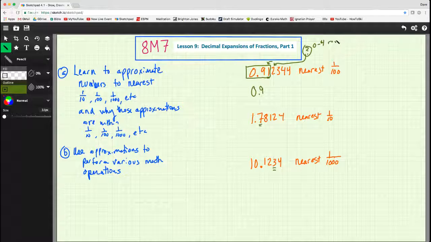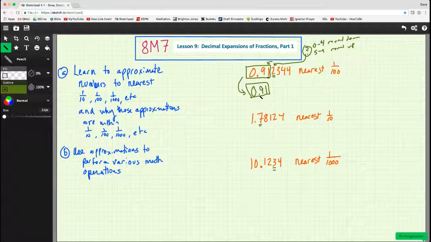We round down, and if it's between 5 and 9, we round up. So this 2 is a lower number, so this is closer to 0.91 than 0.92, so our answer is 0.91, and we'll put a box around that because that's our answer.